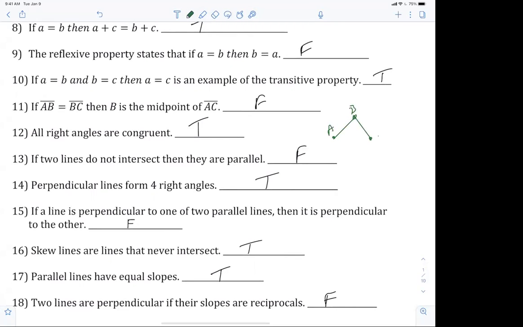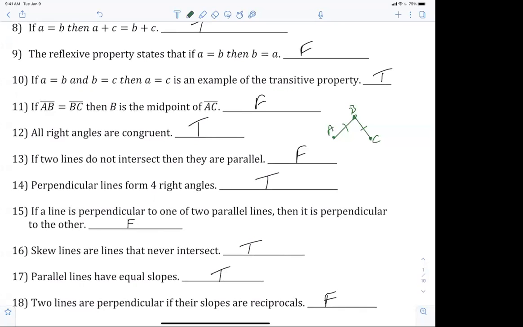AB is equal to BC, right? Is B the midpoint? No, that's why it's false. That's why it's hard, because you got to think of all the different possibilities.